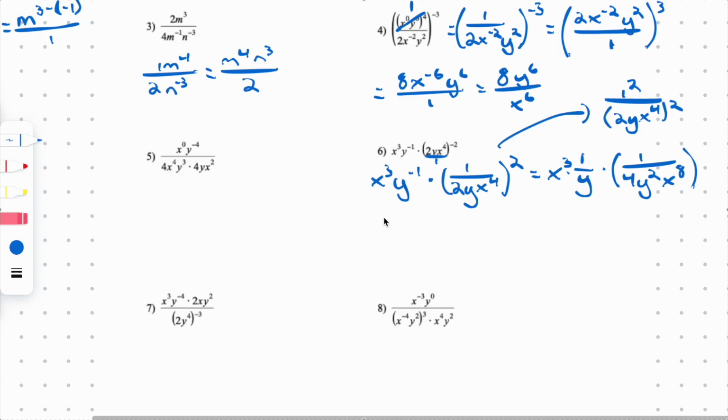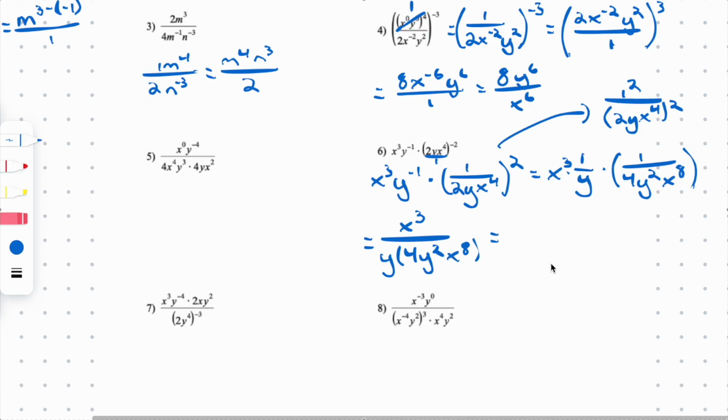Okay, great. So now we just want to combine everything, and we get x to the 3rd on top. And on the denominator, we have y times 4y squared x to the 8th.